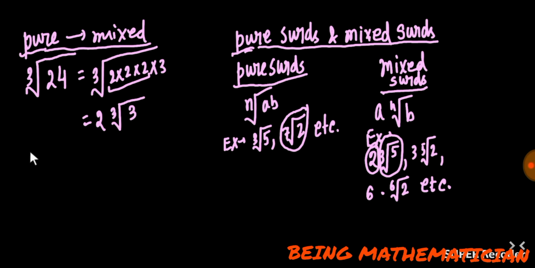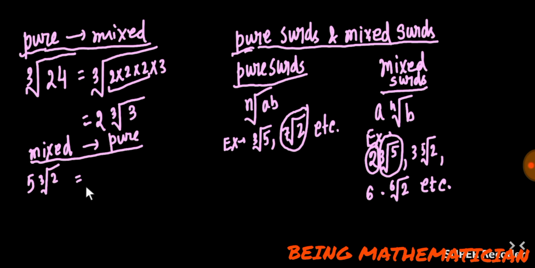Now let's convert mixed to pure. Let us assume that our mixed surd is 5 into cube root of 2.